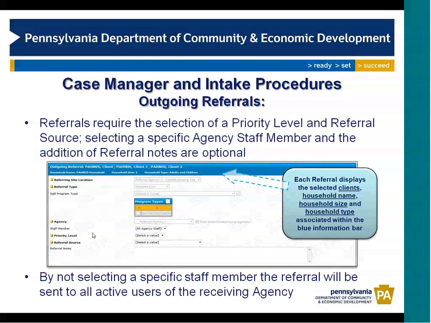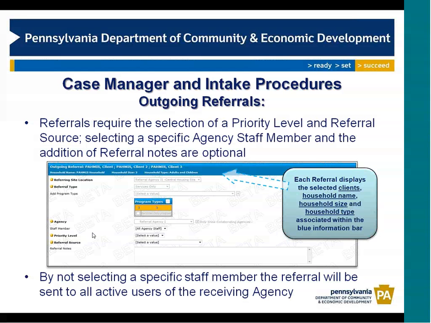The staff member is an optional field, and it provides all the active members available at the agency you're sending the referral to. So if you're sending it specifically to someone, because you've been working with them and know they're going to deal with it, we definitely recommend you select it.